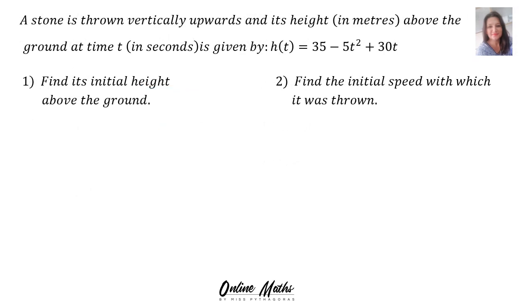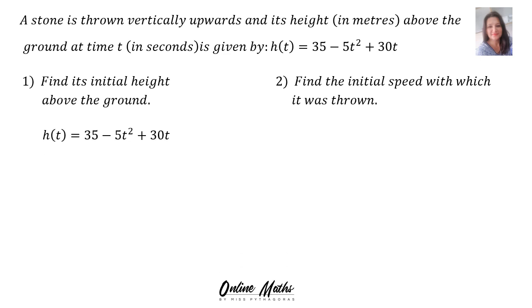Example 4. A stone is thrown vertically upwards and its height in meters above the ground at time t in seconds is given by h of t equals 35 minus 5t squared plus 30t. Number 1. Find its initial height above the ground.